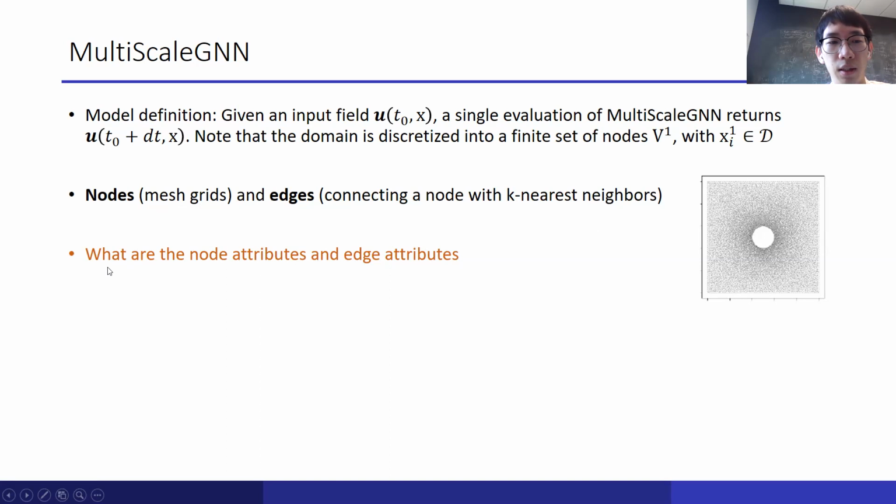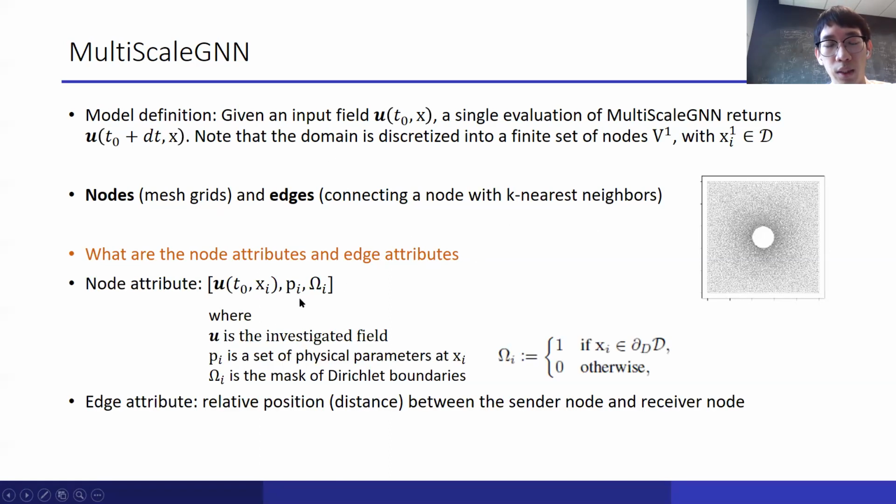Okay, so the important thing is what the node attributes and edge attributes are to represent a physical field. In this paper, the node attribute is a concatenation of 3 components, where U is the investigated field and P is some physical parameters. For example, it can be the Reynolds number in a fluid mechanics problem. And omega is the mask of the Dirichlet boundaries.